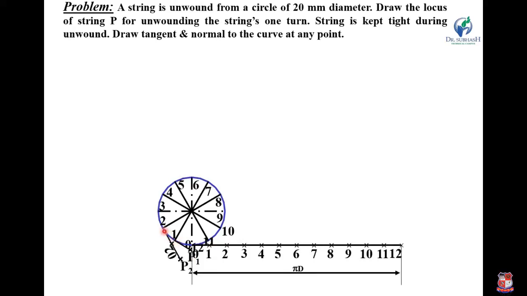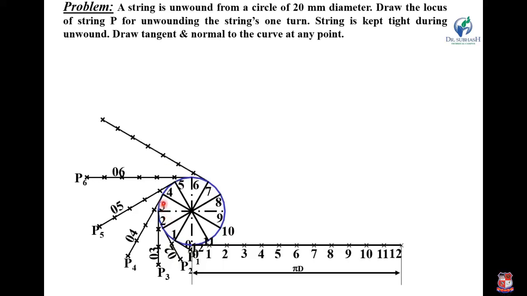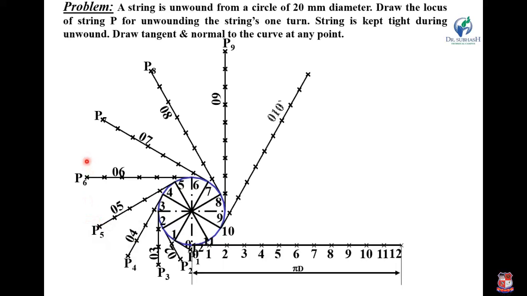Now similarly, draw a tangent from point 2, take 2 as the center and radius equal to two parts, that means 0-2, and draw an arc. You will get the point P2. Similarly, from point 3 you will get the point P3, and from all the points you will get P4, P5, P6, P7, P8, P9, P10, P11, and P12.